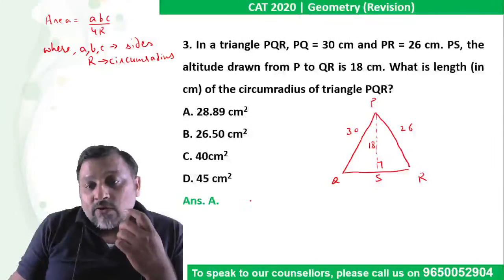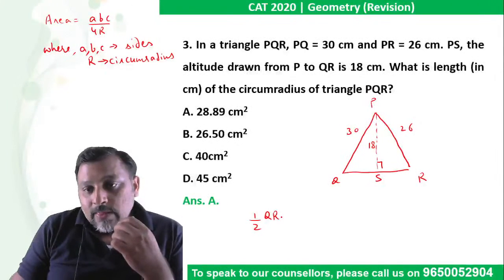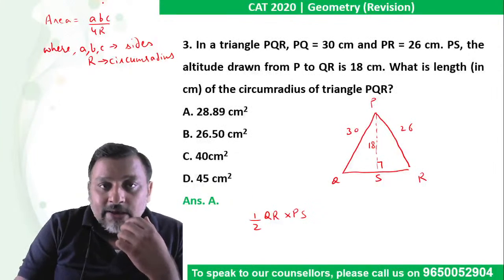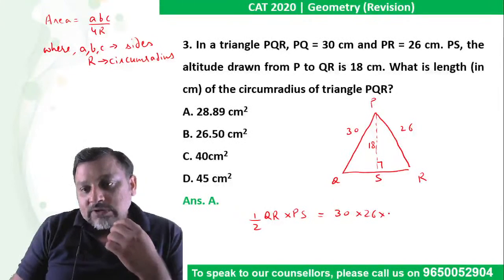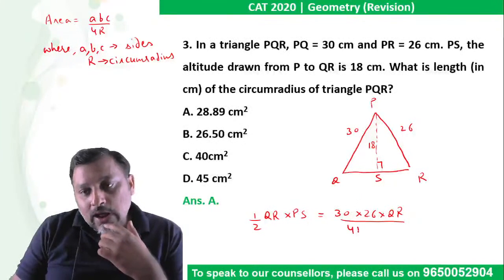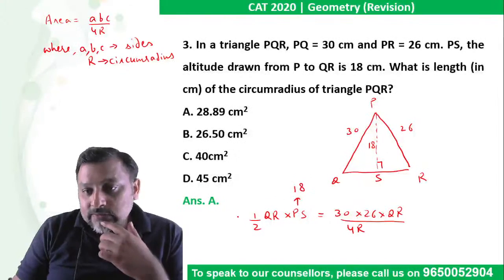So area can also be written as half, base is QR and height is PS. That means sides are 30, 26 and one of the sides is QR, divided by 4R. I know the value of PS also, which is 18.